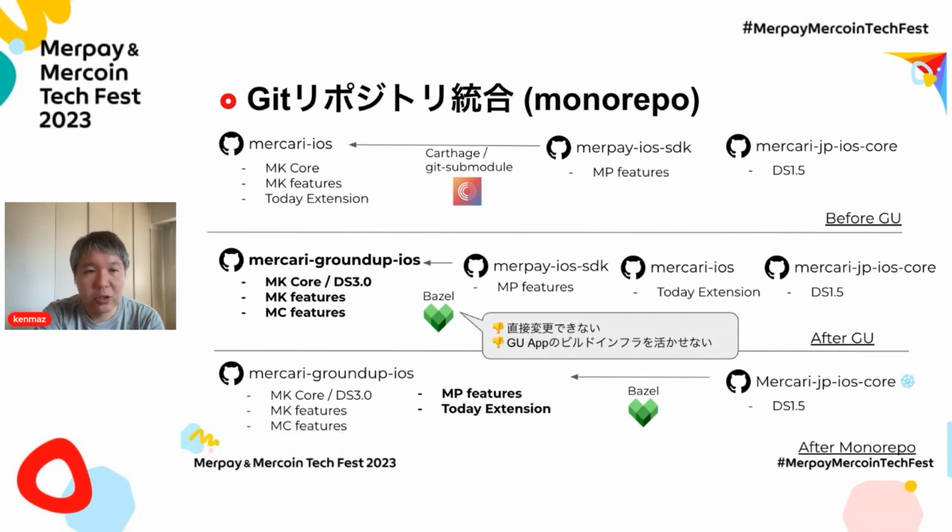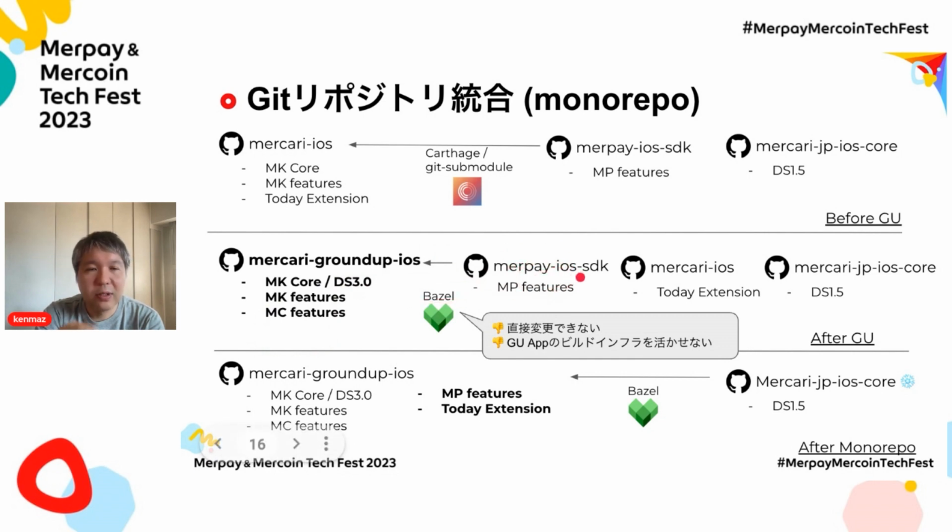However, this was very inefficient. One reason was that we were not able to directly change the code and check it, since the repositories are separate. It required a very cumbersome debugging process: checking out the repository on the SDK side, editing the source code, pushing it, going back to GroundUp, updating the repository again in Bazel, and running it in a simulator.